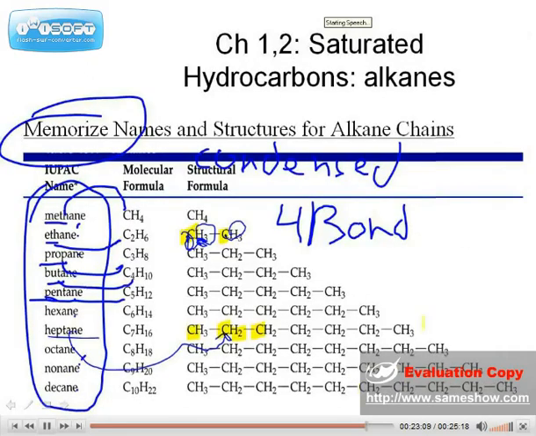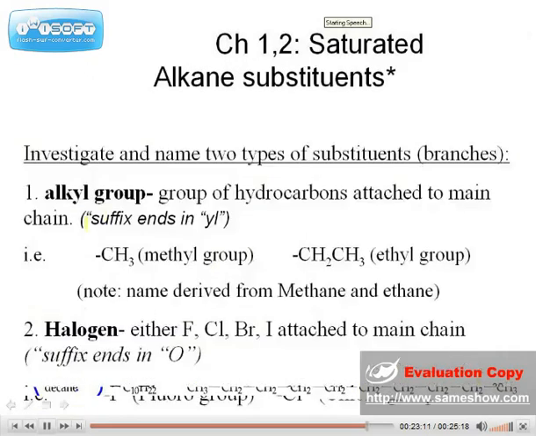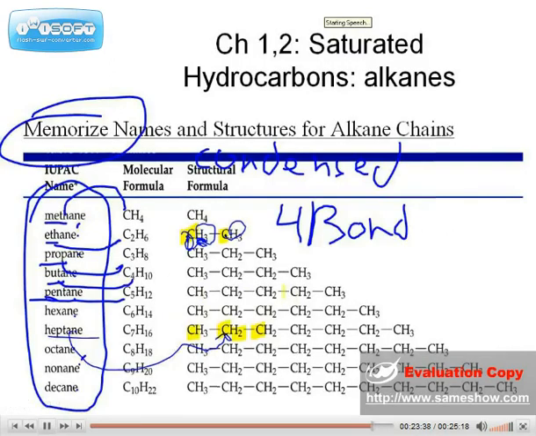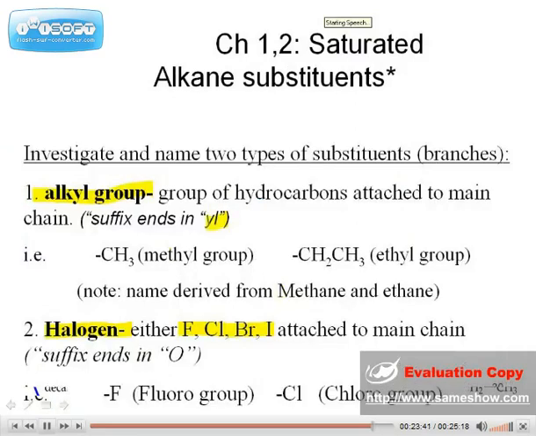Once you have those memorized, then to start us off gently, I want you to memorize 2 sets of branch names. The first one are the alkyl branches. The second one are the halogen branches, halogen consisting of fluorine, chlorine, bromine, or iodine. Basically what we do is we cannibalize the parent name and add the yl.